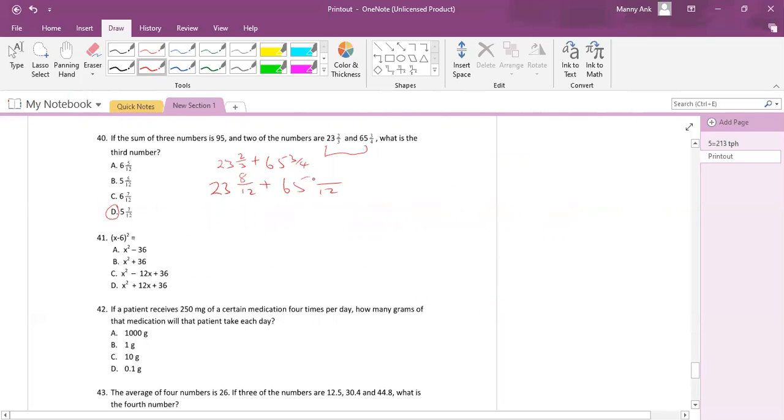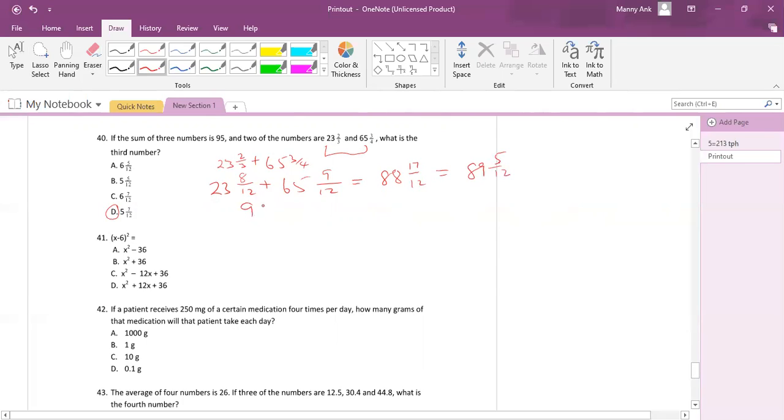This is times 3, so times 3 will be 9. So that gives us 88, 17 over 12, which is the same as, if I change this to an improper fraction, a mixed number, I have 89 5 over 12 parts.